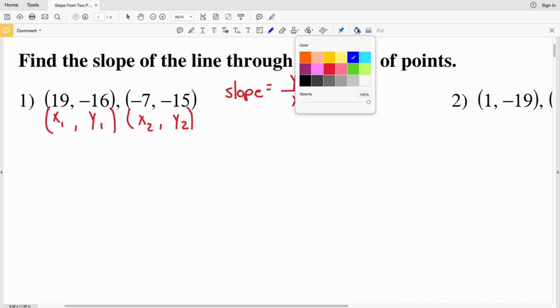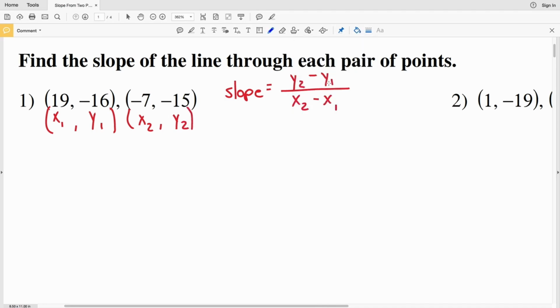So when I plug those into the formula, y2 minus y1, my y2 is negative 15, minus my y1, which is negative 16, and that's all over my x2, which was with my y2, so negative 7, minus my x1 of 19.